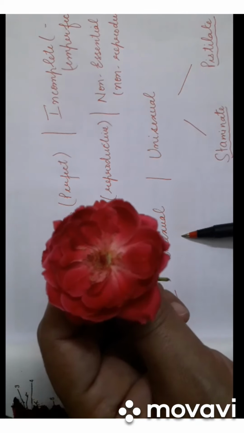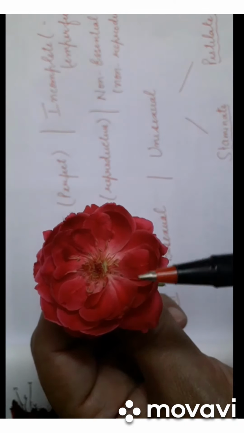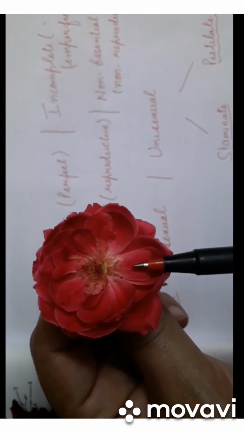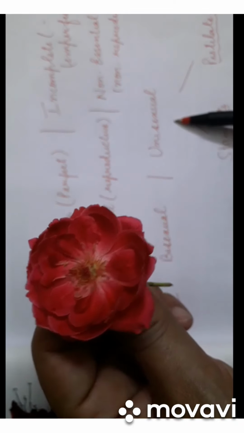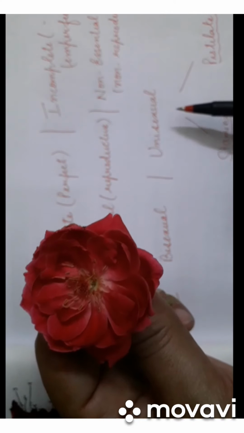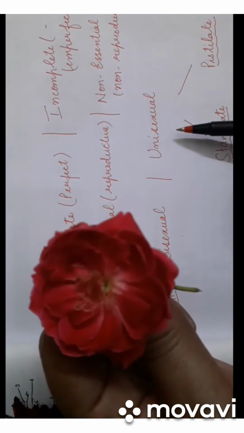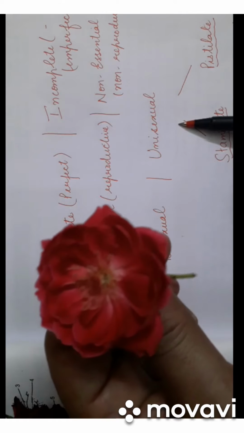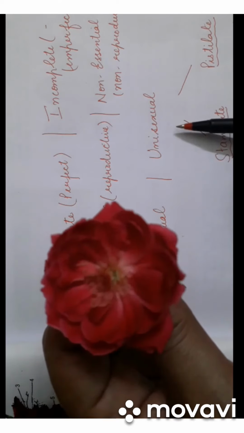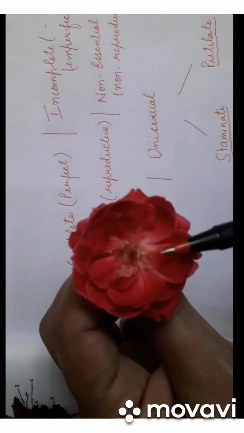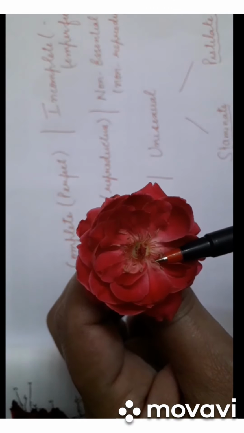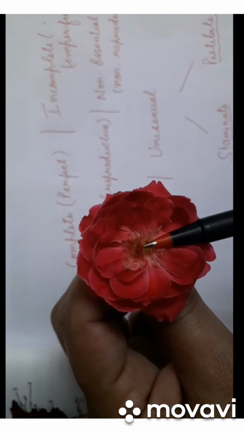bisexual flower. For example, rose is bisexual, China rose is bisexual. And sometimes you might have seen, if you observe the flowers of papaya or cucurbita or gourd, that some flowers have only the stamens, and some flowers have only pistil.